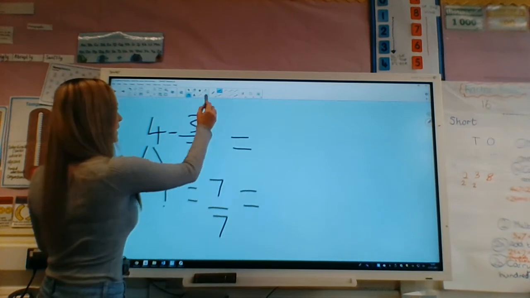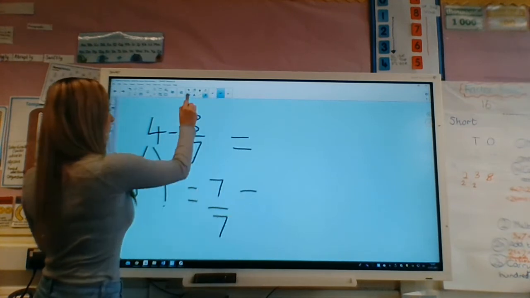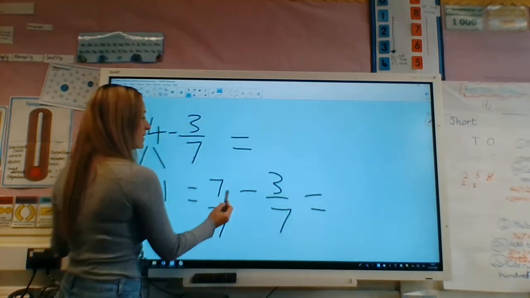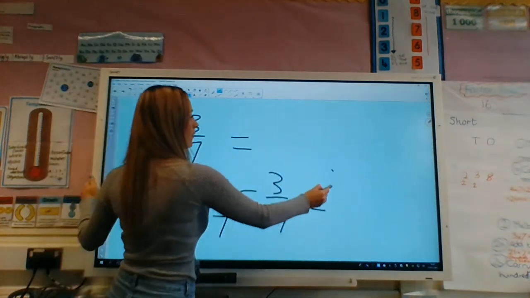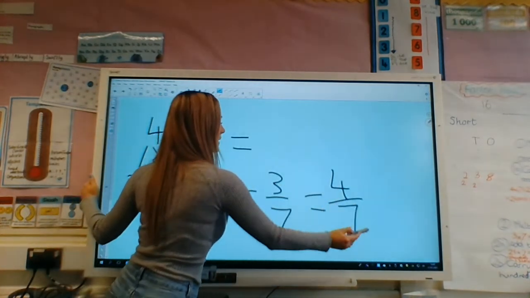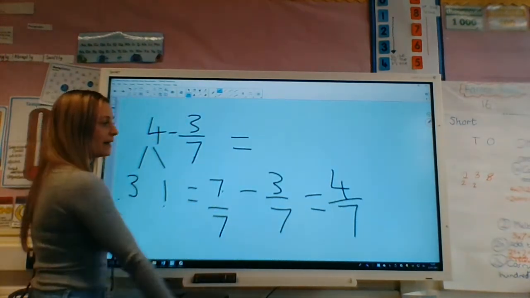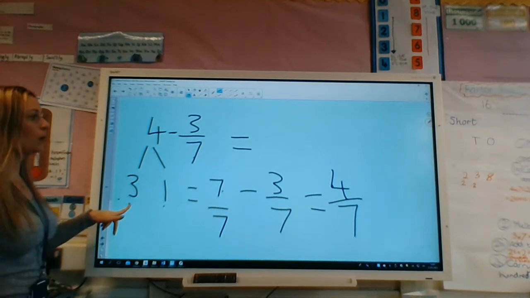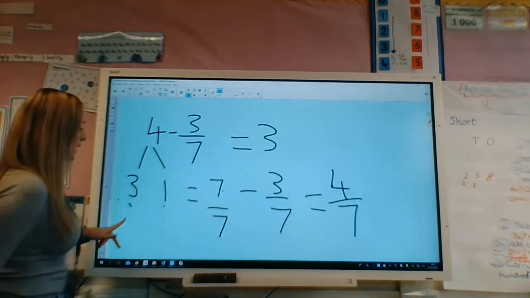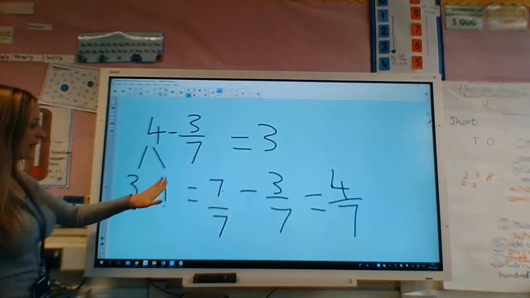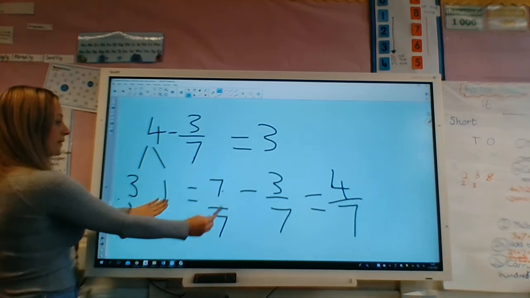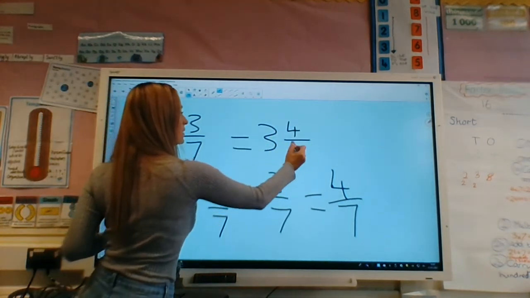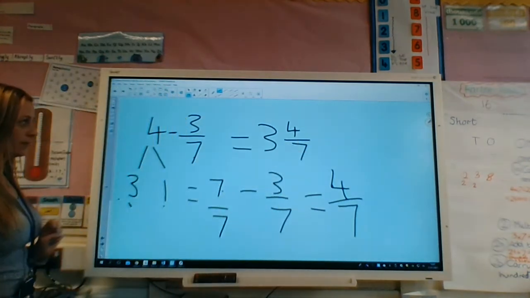And then we're subtracting 3 sevenths from it. So 7 take away 3 is 4, and the denominator is 7. Now the answer is not 4 sevenths. We still need to remember the 3 wholes that we haven't touched there. So it's 3 wholes. It's not 1 whole because we converted this to 7 sevenths and subtracted it. So it's 3 wholes and 4 sevenths.